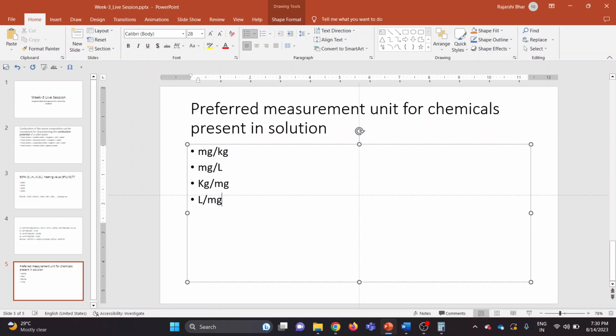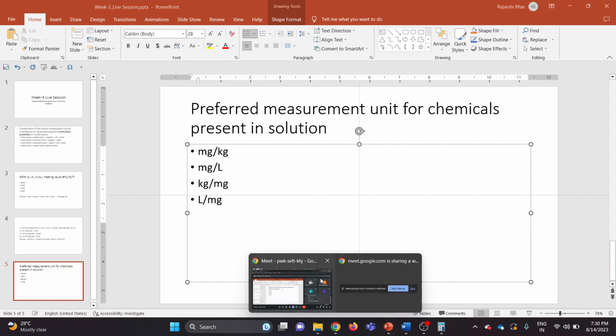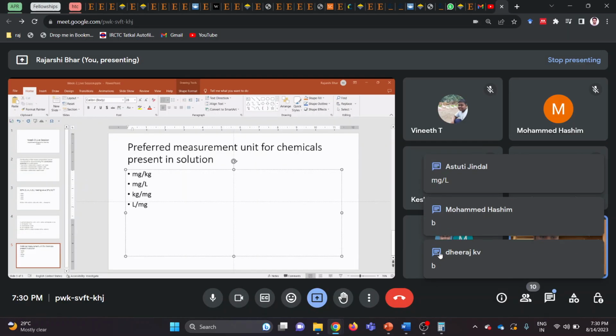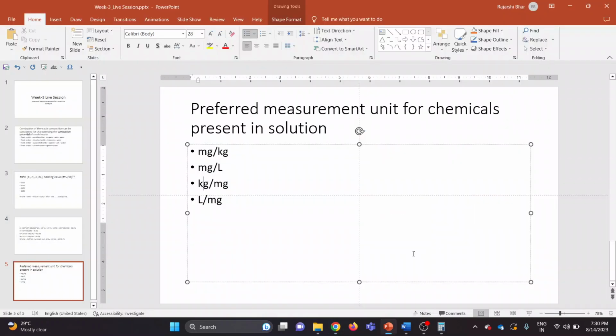Okay, so among these, which is the correct answer? Very simple question. You can have 30 seconds. Yep, option B is the correct answer.